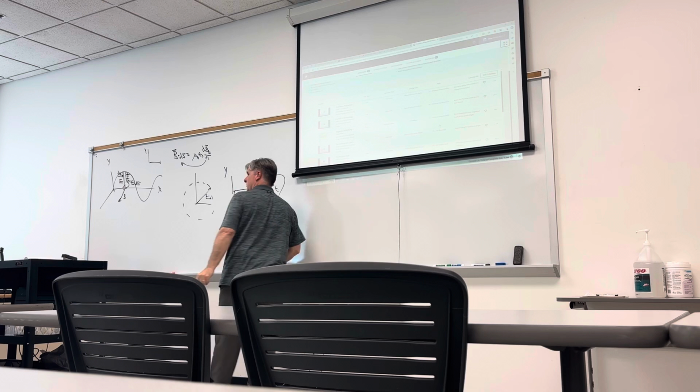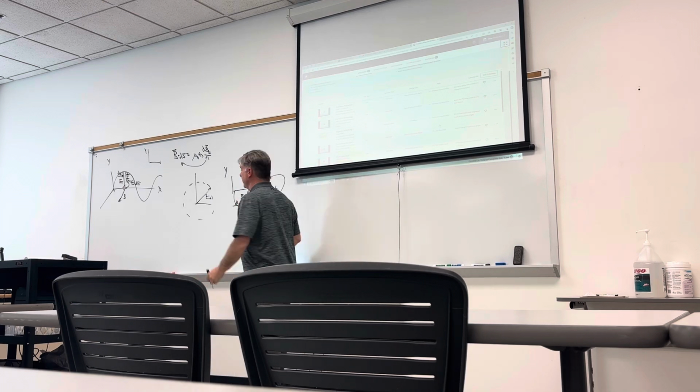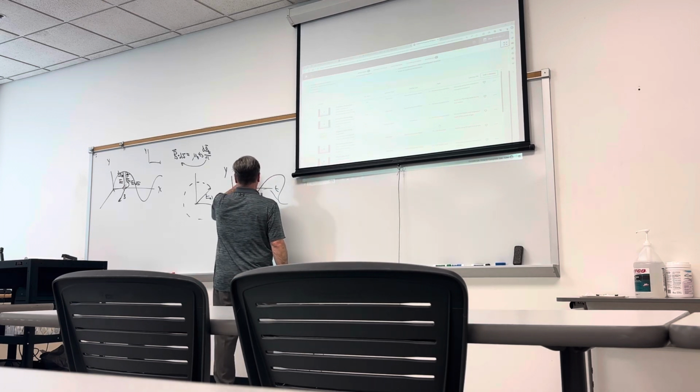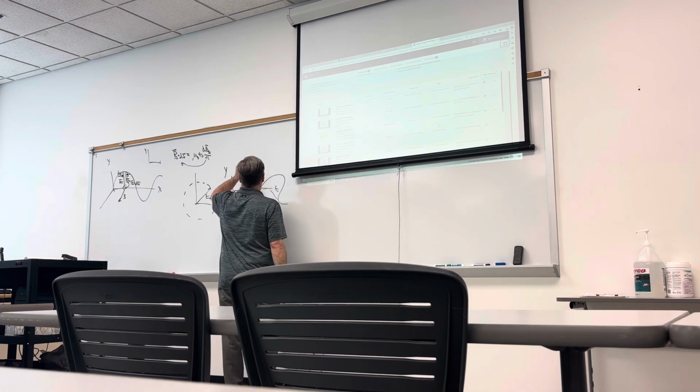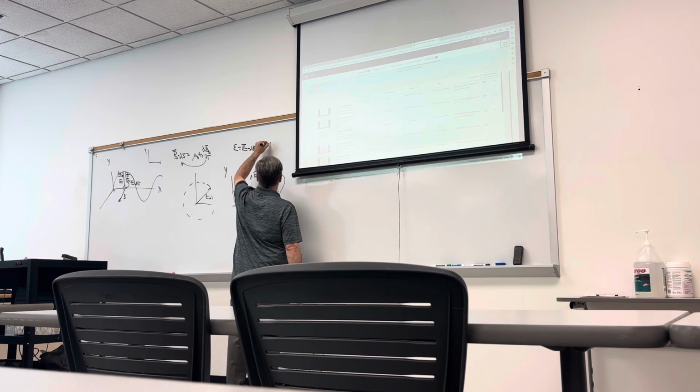This then will reintroduce an E in this direction, which reinforces that one because of the right-hand rule, right? That E creates an I. So that E is the E dot ds that replaces the script E in the negative d flux by dt from Faraday's law of induction.